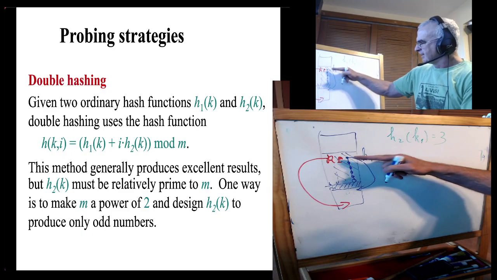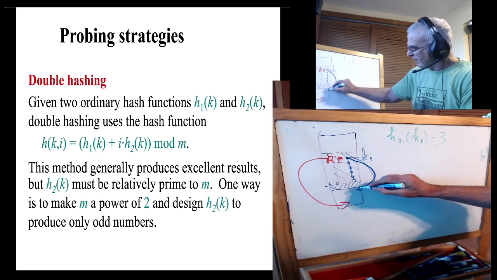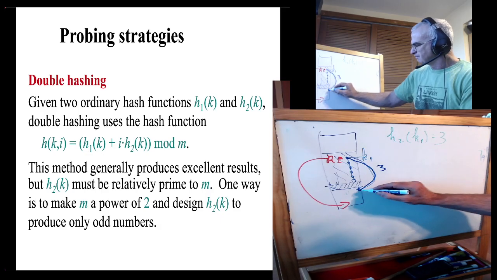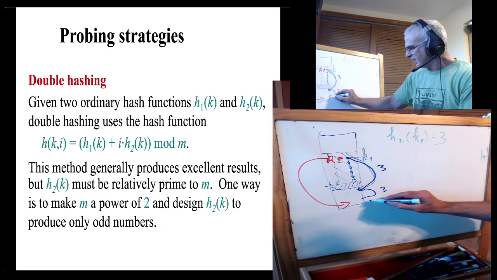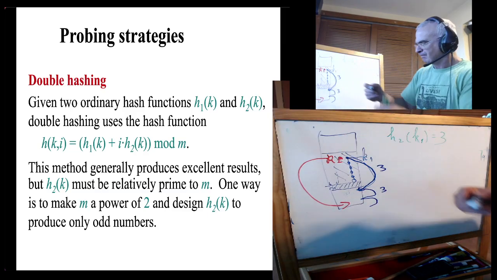K1 landed somewhere, but my first attempt will not be the next cell, but 3 cells down, of course modulo m.